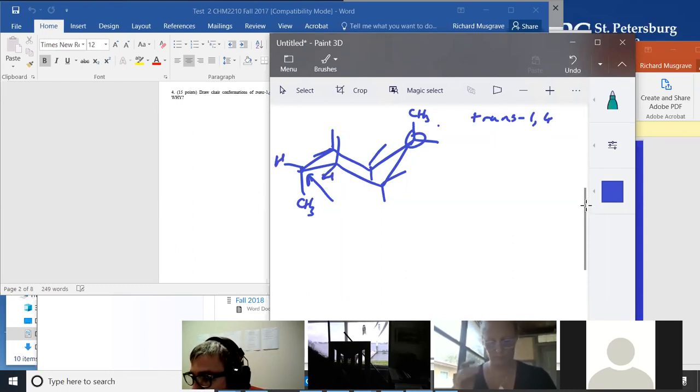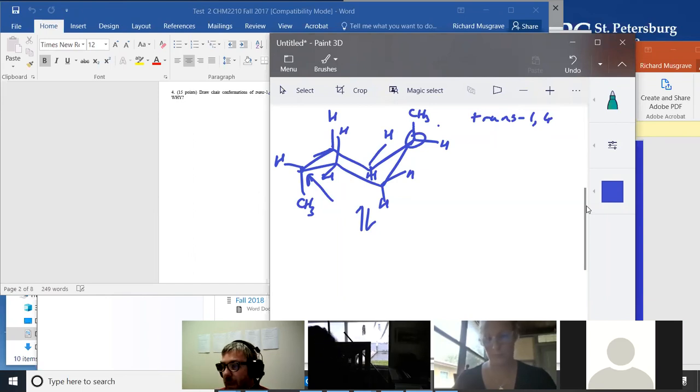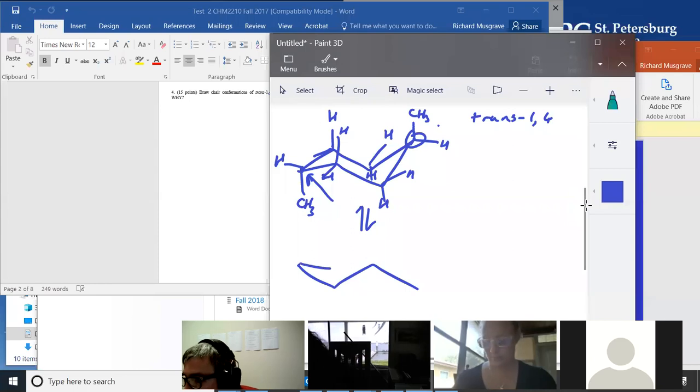So after that, go ahead and put the hydrogens on. And then draw the opposite lightning bolt. Go ahead and stick your axials on first, starting at the one that's puckered upwards, and stick your equatorials.